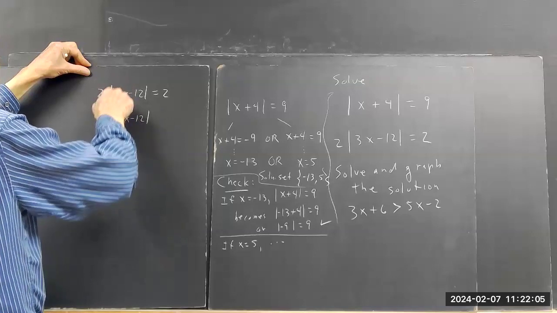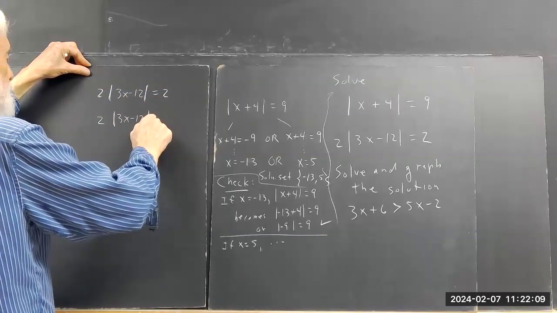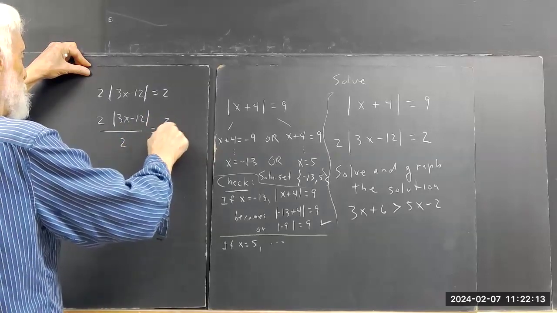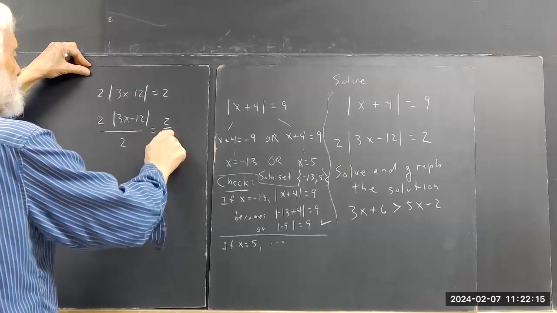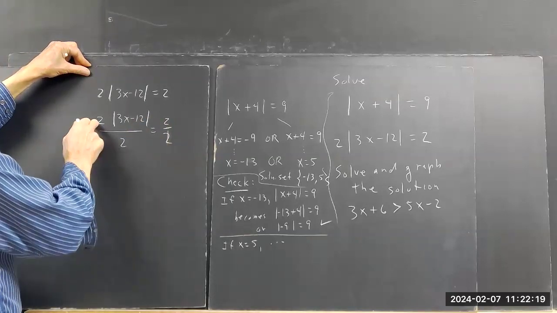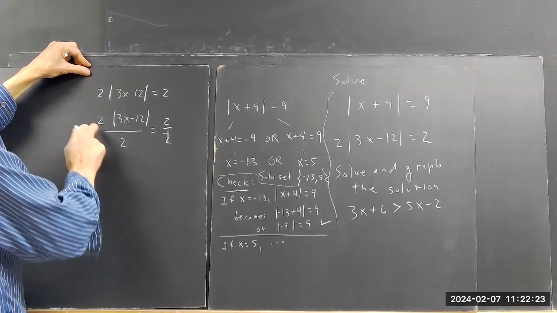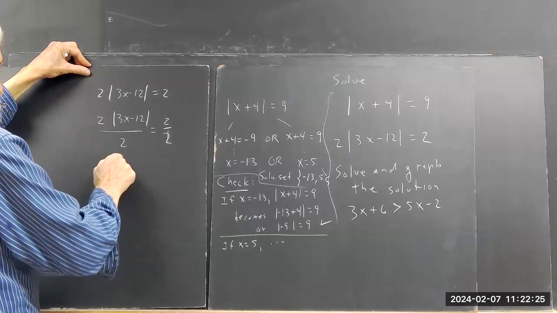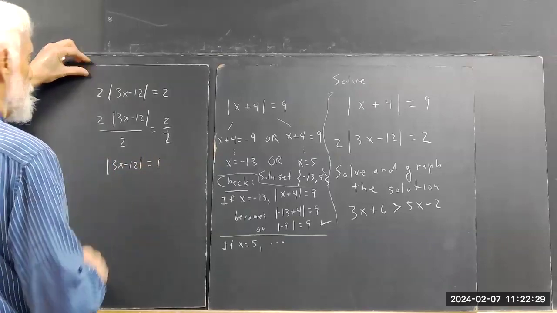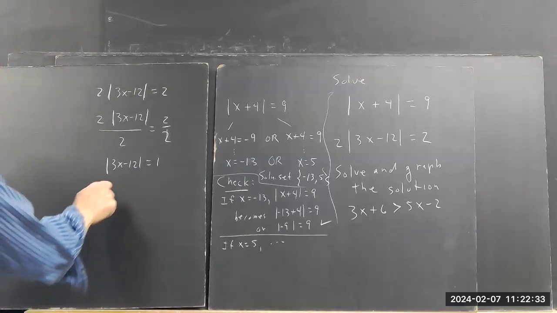Make sure that absolute value sign's pretty big. We don't read this as 13. We divide both sides by 2. We get 1, we don't write it in the denominator. And 2 divides 2. 2 is a factor of the numerator, so it can be divided by the denominator. And we get absolute value of 3x minus 12 equals 1.